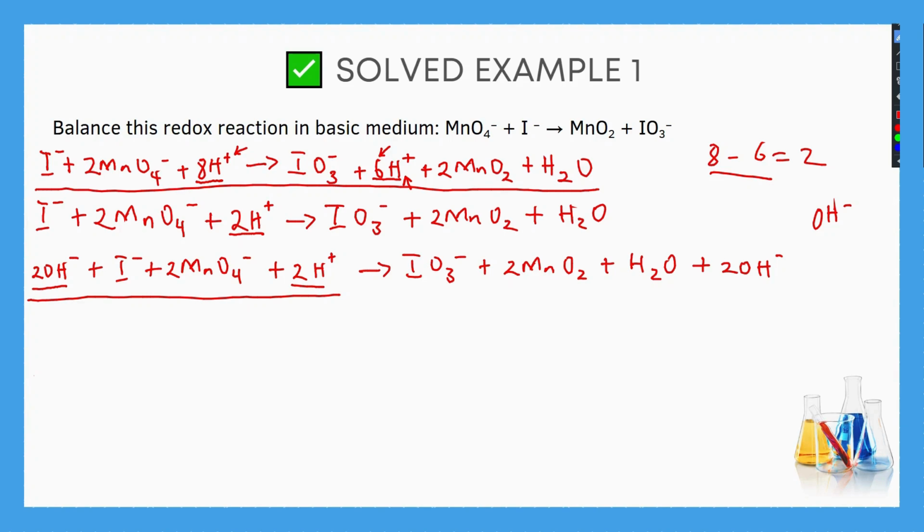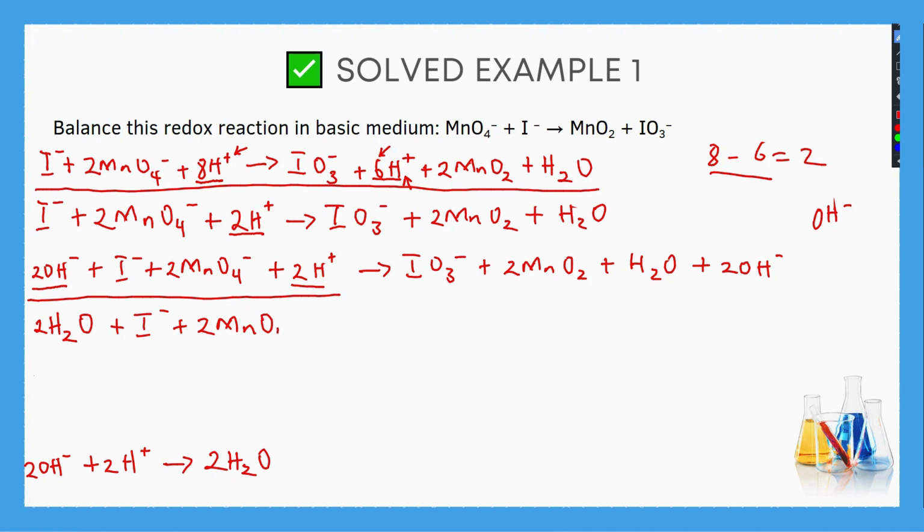So adding 2OH⁻ + 2H⁺ will give us 2 molecules of water. So now we have 2 molecules of water, 2H2O + I⁻ + 2MnO4⁻, giving us IO3⁻ + 2MnO2 + H2O + 2OH⁻.